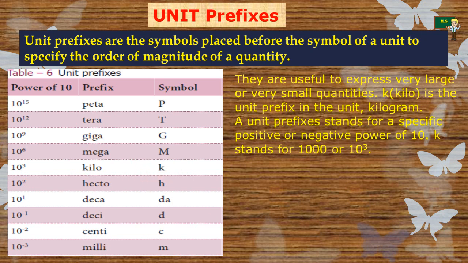Dear students, 10 to the power 2 has the prefix hecto and the symbol is h. Then 10 to the power 1 is deca and it has the symbol da.